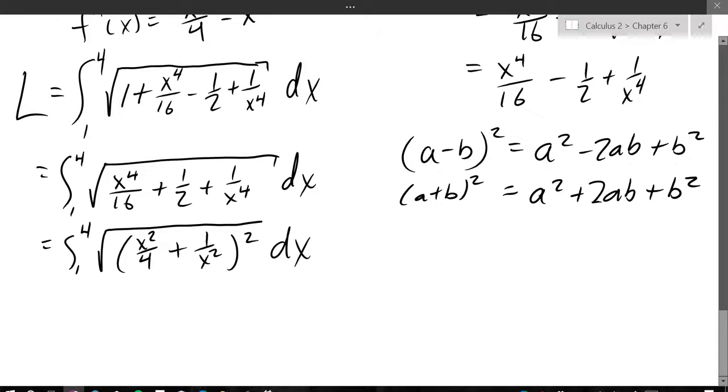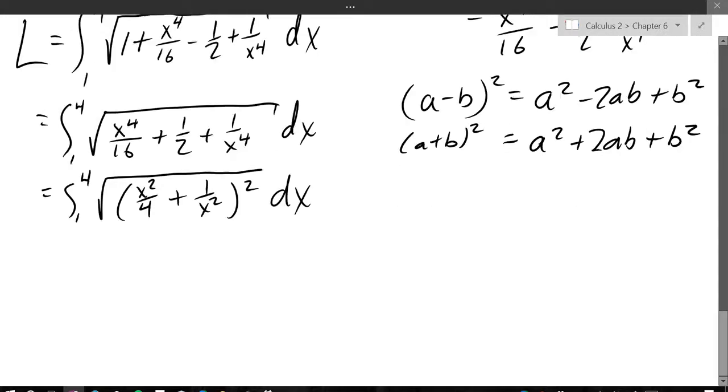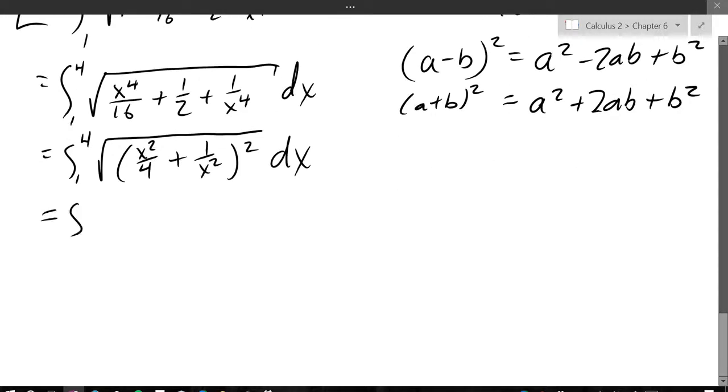They're both squared, so normally I don't have to worry about negatives, and in this case we're going from 1 to 4, so even if they were cubed, I wouldn't have to worry with our x values because they're always going to be positive anyways. This is the integral from 1 to 4 of 1/4 x squared plus x to the negative 2 dx.